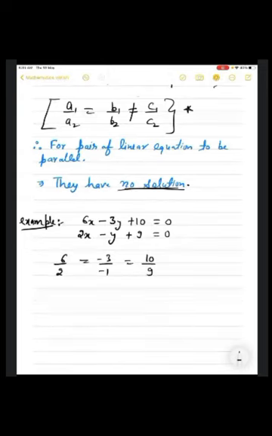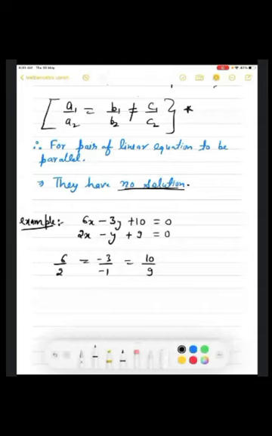Can I identify the coefficients? 6, 2, minus 3, minus 1, 10 and 9. So I can see easily this is 3 and this is 3, which is not equal to 10 by 9.